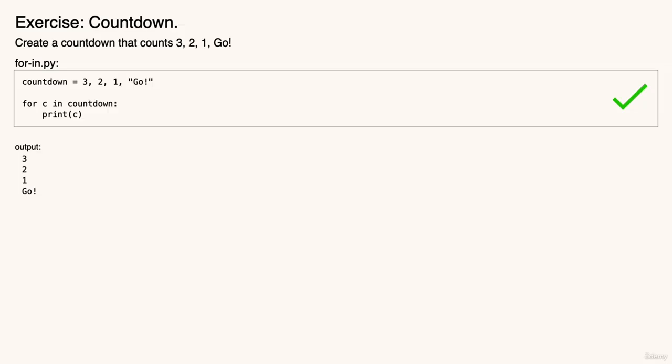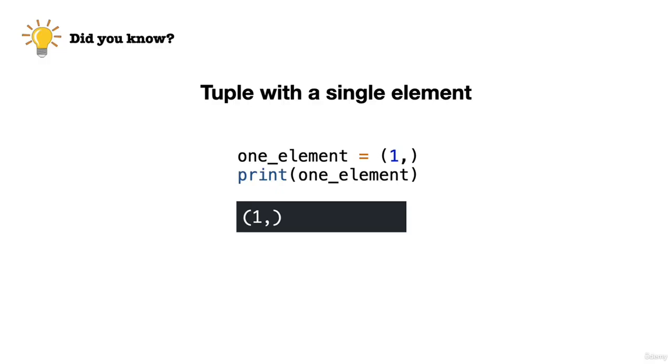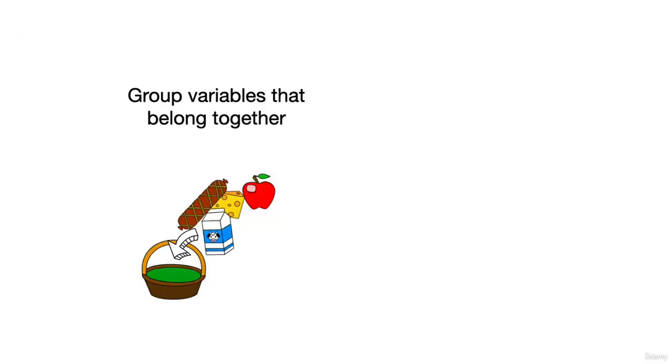And here is the solution. By the way, if you ever need a tuple with a single element, just define the element followed by a comma. That will do the trick. You have seen that a tuple groups variables that belong together.